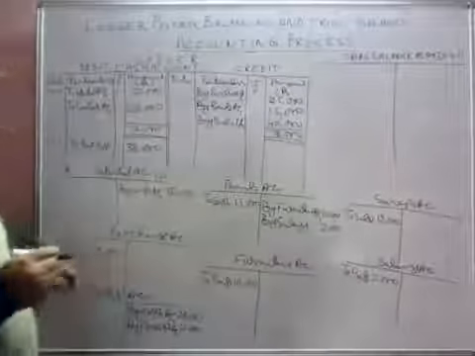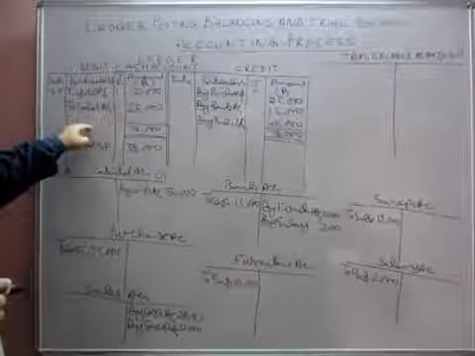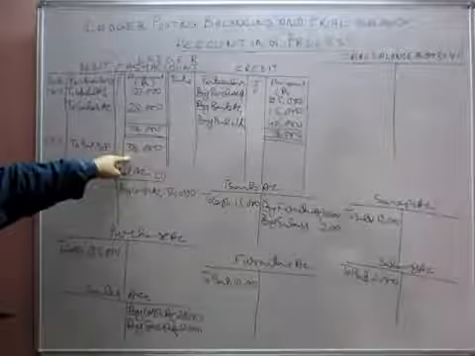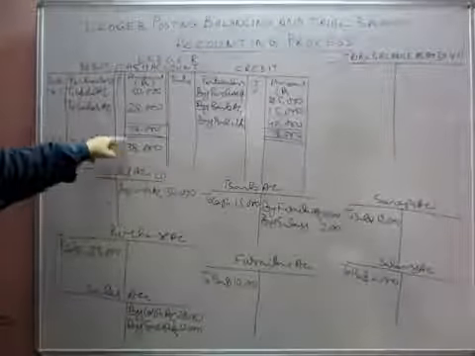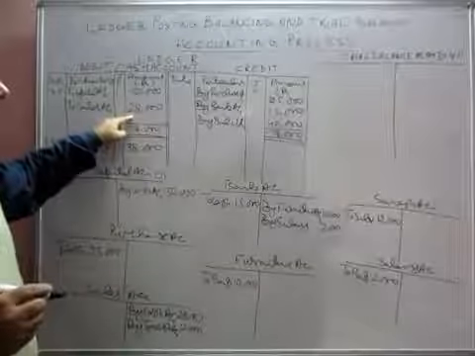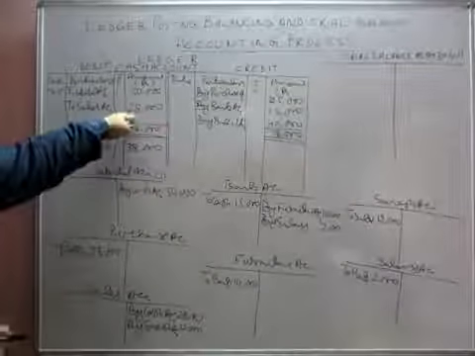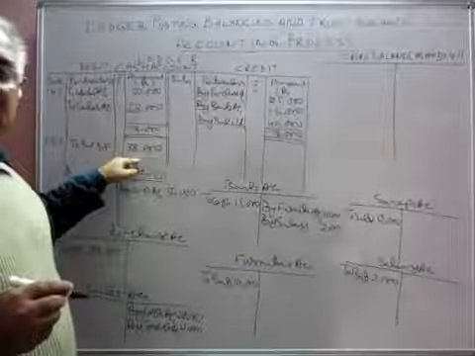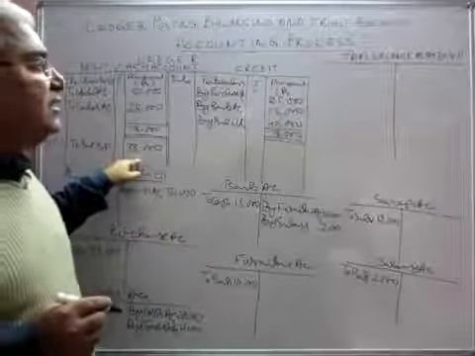Now let us see what is the balance of cash. It is 38,000. Now which balance is it? It is a debit balance because the debit side was bigger, and to balance the other side we had written the balance carried forward, and carried it again to the debit side. So it's a debit balance.